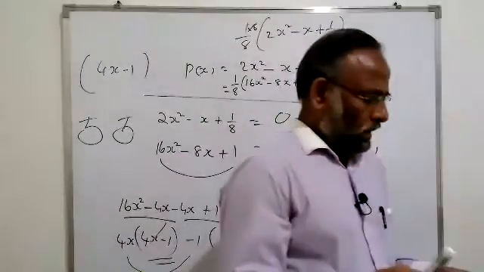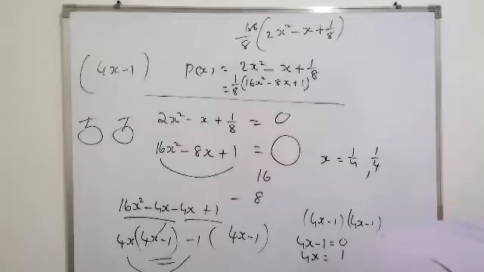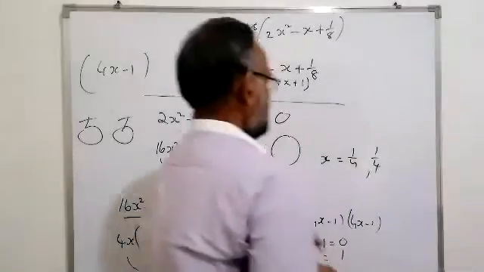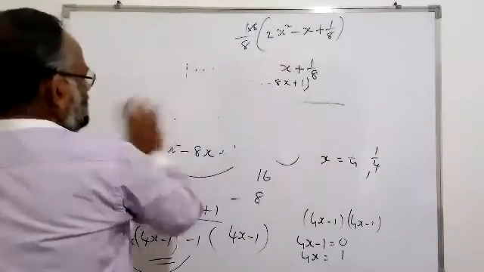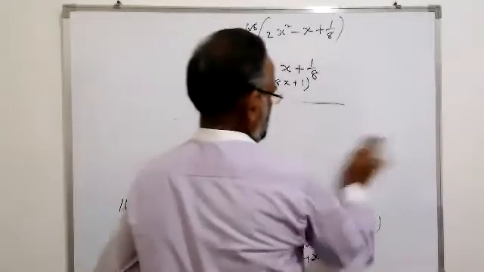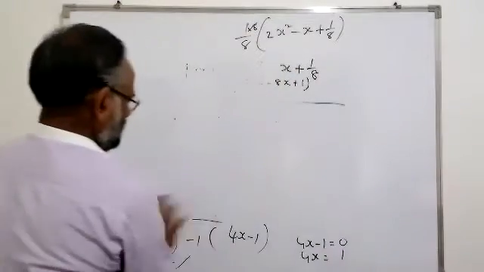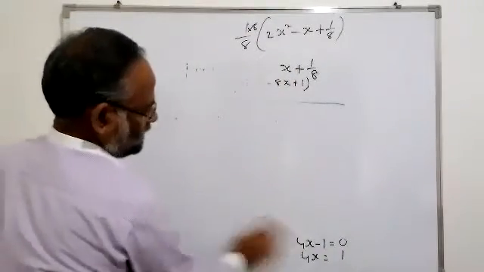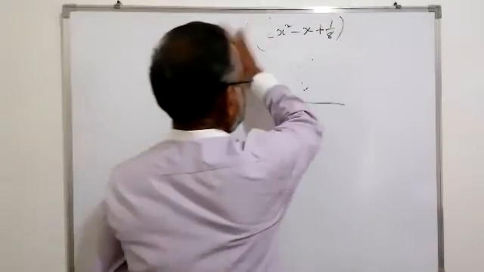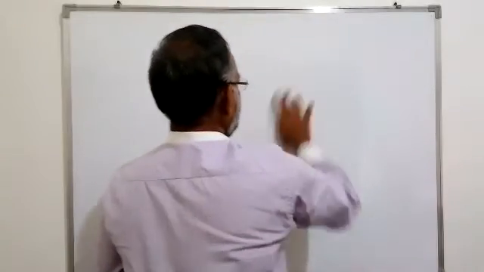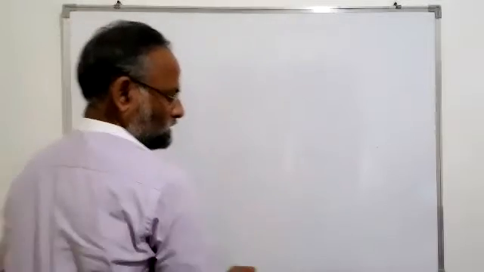Find two numbers. All of you write. Solve. Question number 1. Your textbook question number is 3.